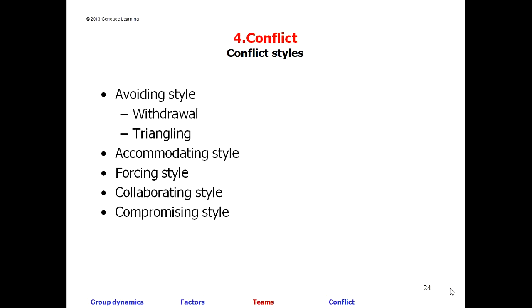When people withdraw, they try to say, no, no, I have not done anything, we are just okay. And triangling is something trying to make more of a conflict for no reason, and accommodating, forcing, collaborating and compromising are some other important areas of the conflict styles.